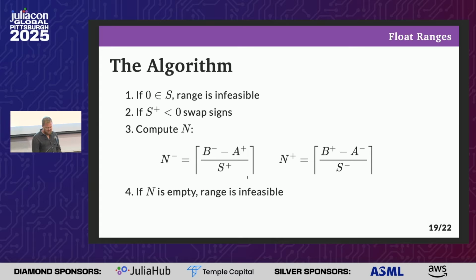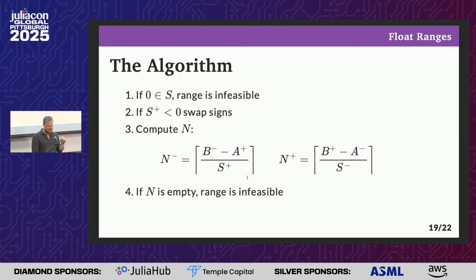Now you compute the lower and upper bounds on n. This is the feasible length of the range, because we don't even know the length of the range. Remember in the beginning we computed b minus a over s and then rounded it? Sometimes there's more than one integer that could be in that. So rounding isn't always the correct thing to do there, unfortunately.